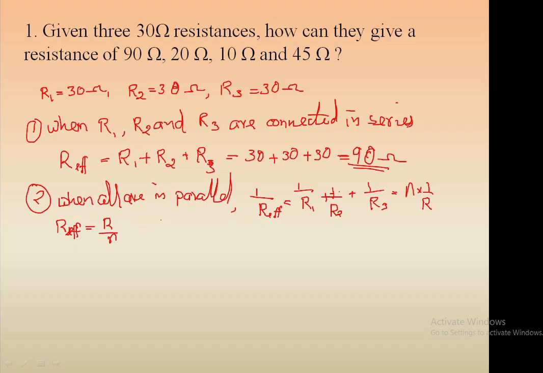Here R is 30 ohm and n is 3. So 30 ohm divided by 3 will give 10 ohm. So to get 10 ohm effective resistance, we have to connect all the resistances in parallel.